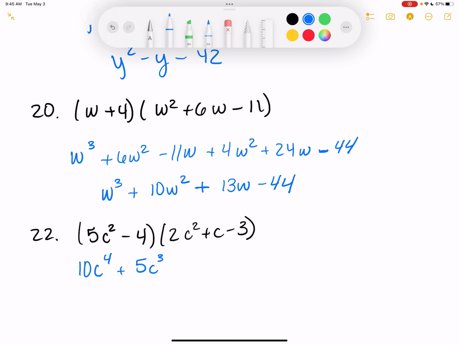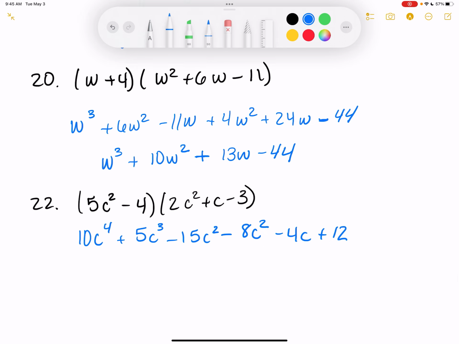And then minus 15C squared. Minus 8C squared. Minus 4C. Minus 4, positive. So then just combine.